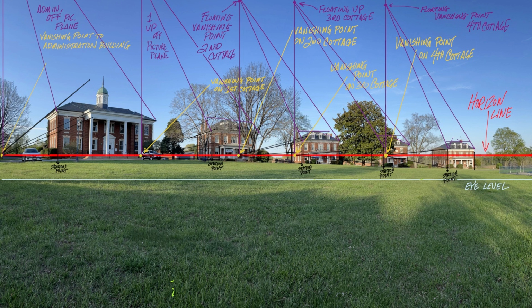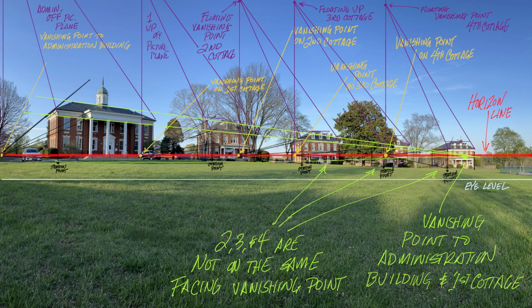Okay. Now you can see how each one of these have moved into their respective vanishing points. And as I put here, the vanishing points for the administrative building and for cottage 1 versus 2, 3, and 4 are not the same facing vanishing points.